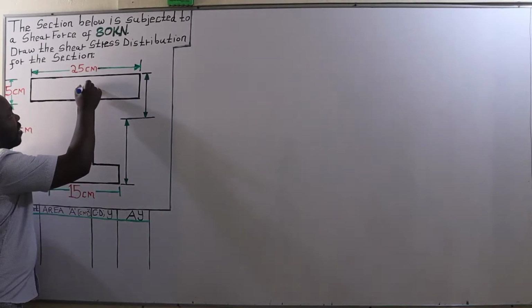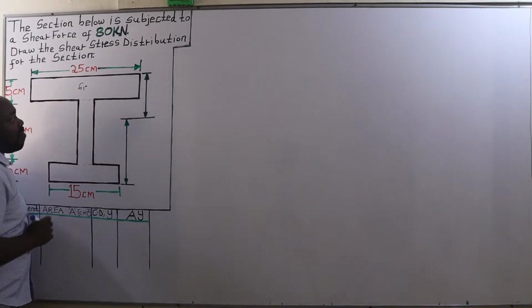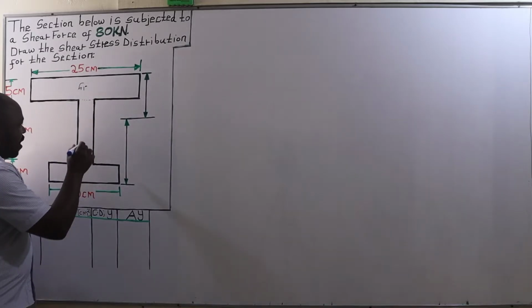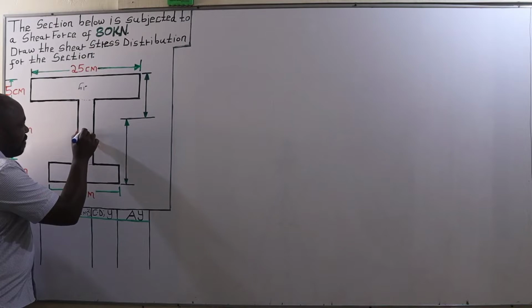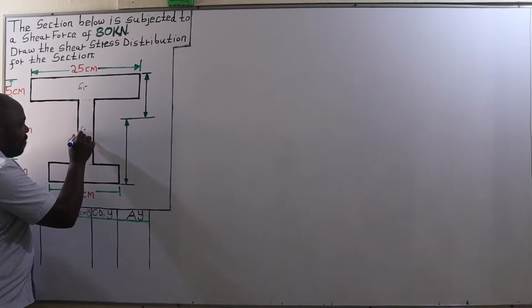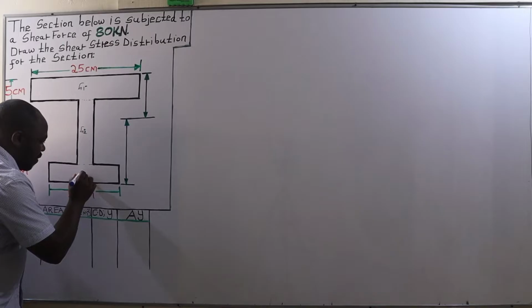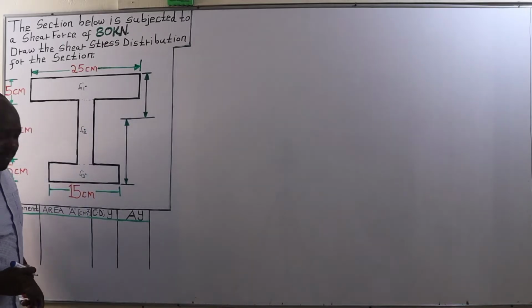The top flange's center of gravity should be here, call it G1. The web's center of gravity is at the center of the component itself, that is G2. And the bottom flange, we have G3.